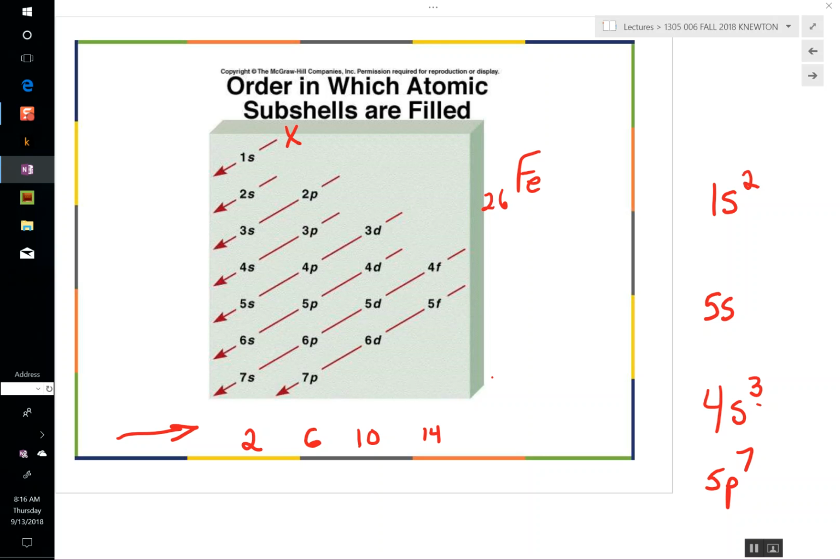So s, like 2, so it's 1s1 and then 2s1. Oh, you're in that. Never mind.